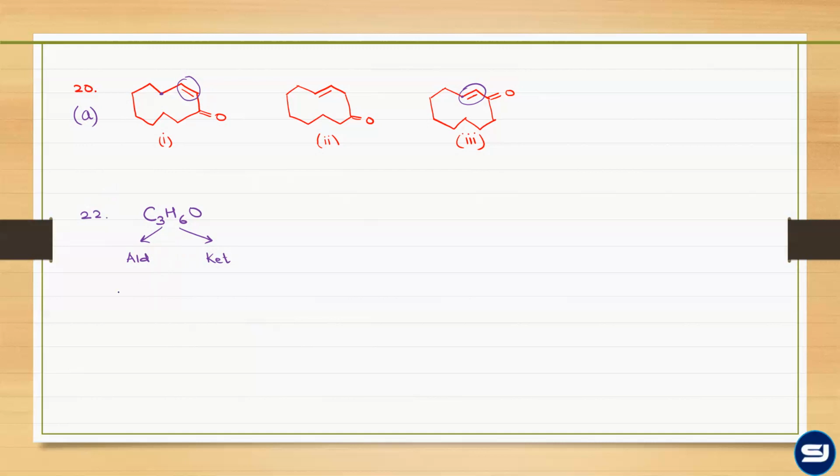So which aldehyde is possible with this formula? Propanal. Separate the functional group and represent the remaining carbon, that is 2, in the form of alkyl.